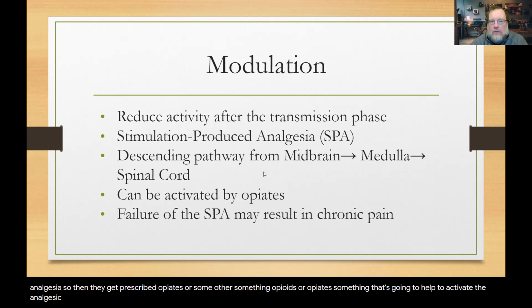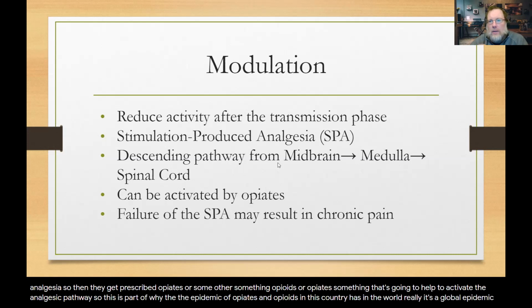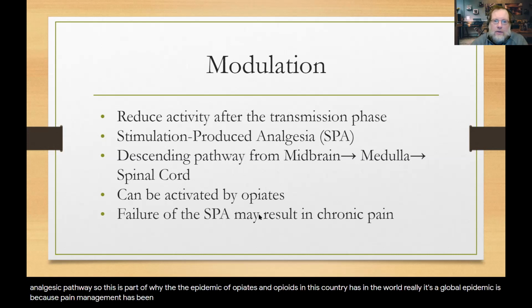So this is part of why the epidemic of opiates and opioids in this country, in the world really, it's a global epidemic, is because pain management has been handled by addressing this area of the brain. We're getting stimulation in, we get a response out.